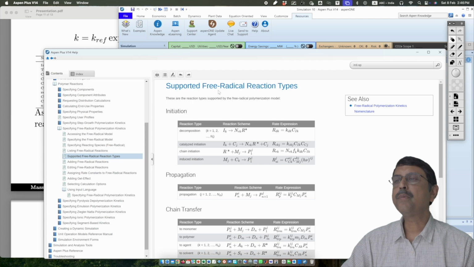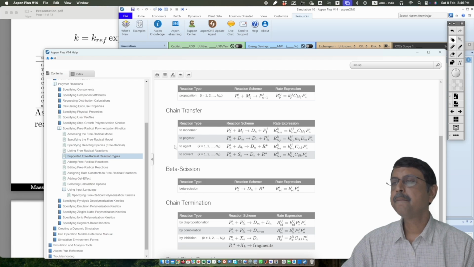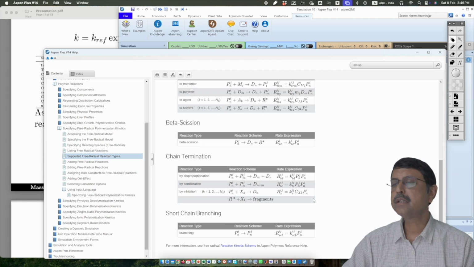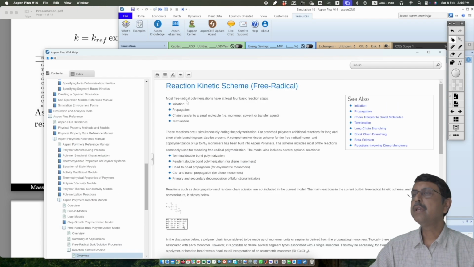So these are the supported free radical reaction types: initiation, propagation, chain transfer, beta scission, chain termination, short chain branching, etc. So here you can see the reaction kinetic scheme, that is free radical.